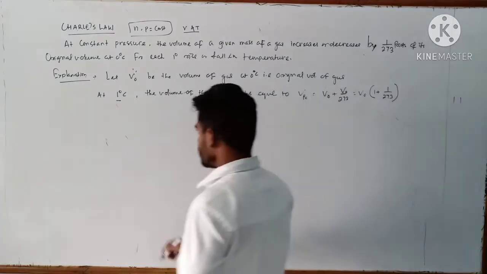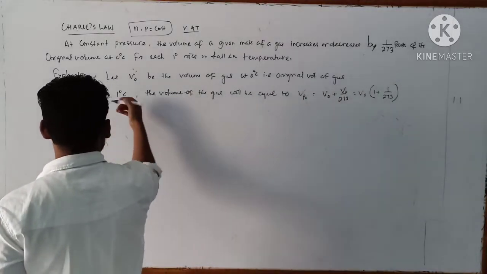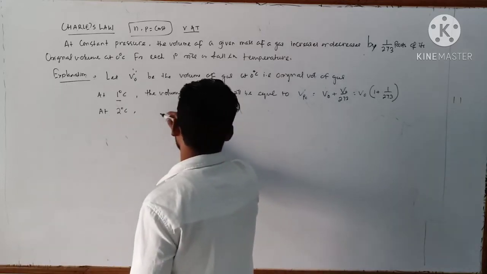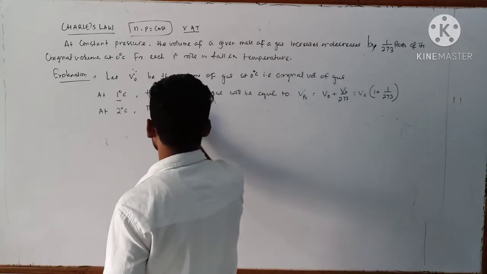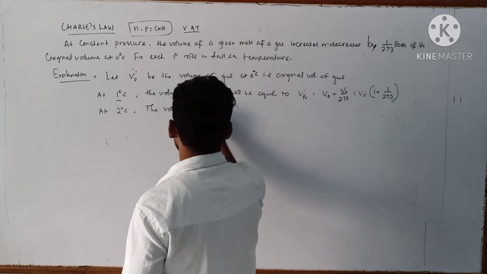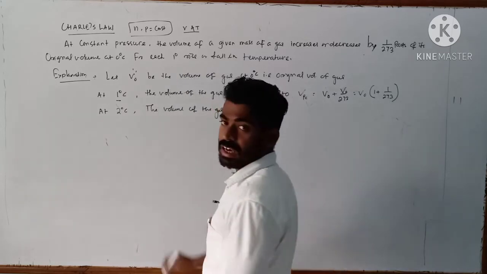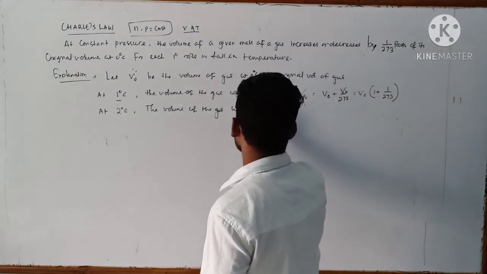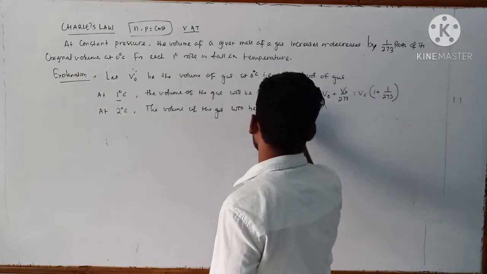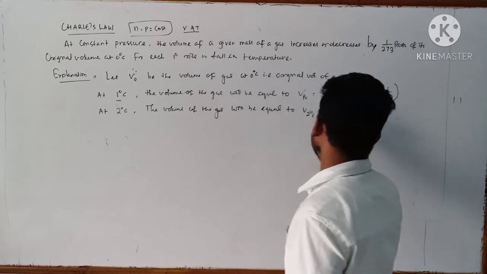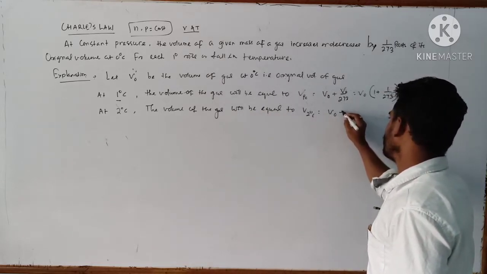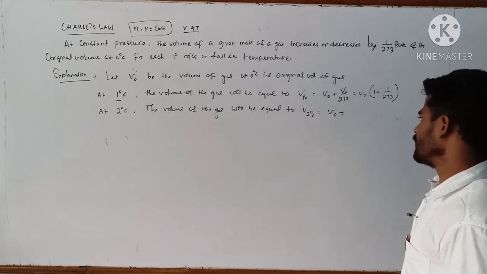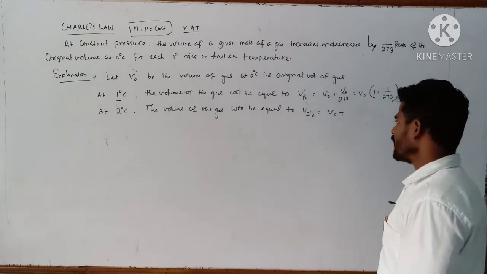Next, suppose I am considering a further 1 degree rise in temperature, that means at 2 degree centigrade, I can write the volume of the gas will be equal to V at 2 degree centigrade. Then that will be V naught plus V naught by 273, that was the original volume at 1 degree centigrade.